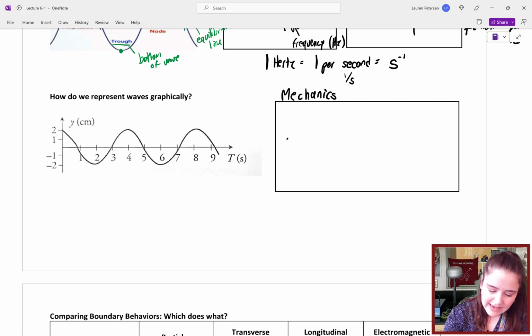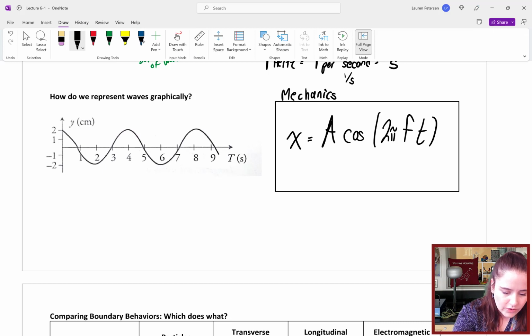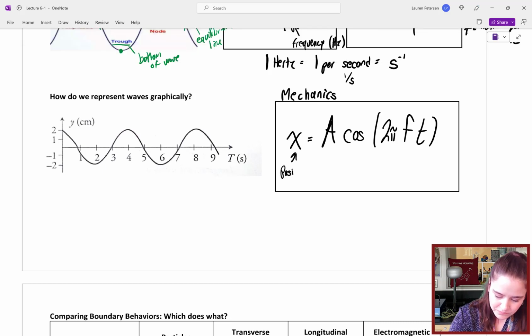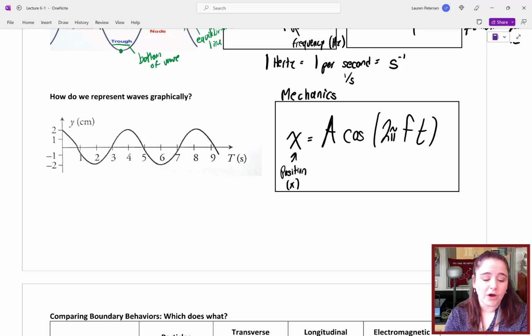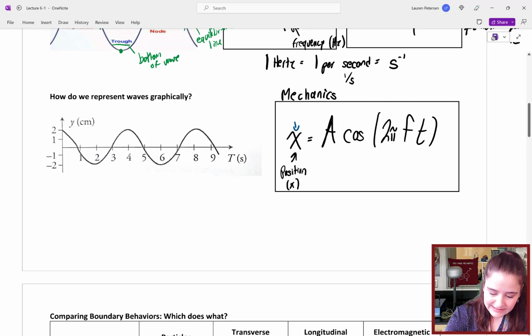It says x equals A cosine of 2 pi f t. When it is in this form, the x is the position, but note, this will be whatever is on the y-axis. So in reality, this is just your y-axis.